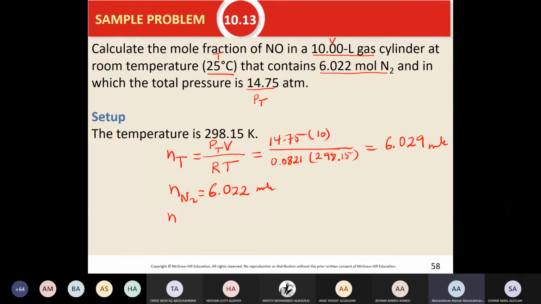So how can you find the number of moles of NO? 6.029 minus 0.022, which is equal to what? 0.007. 0.007 mole. Good. Then what's the mole fraction of NO?